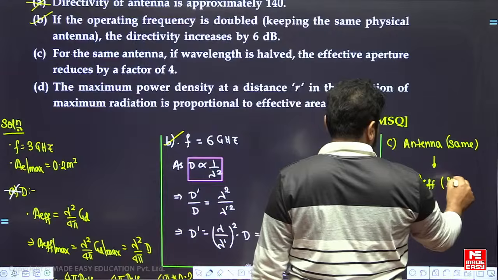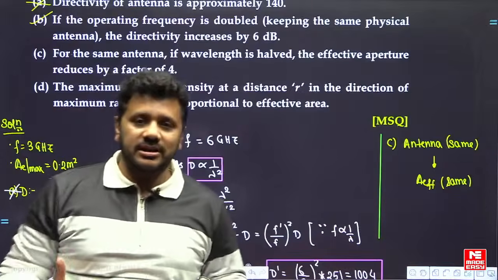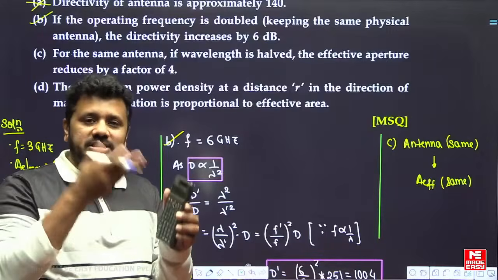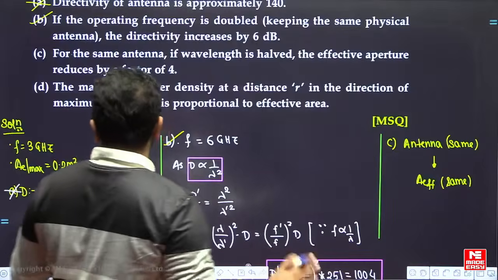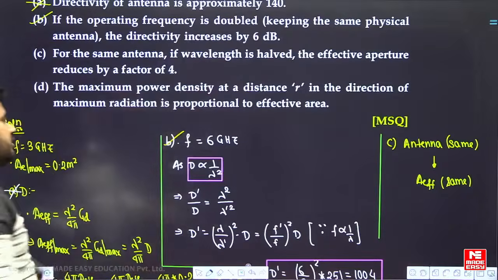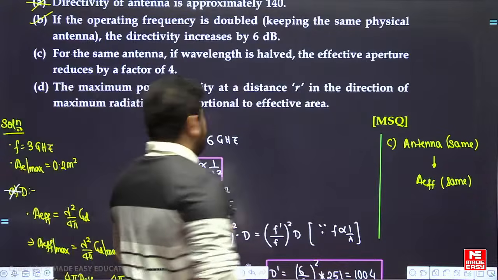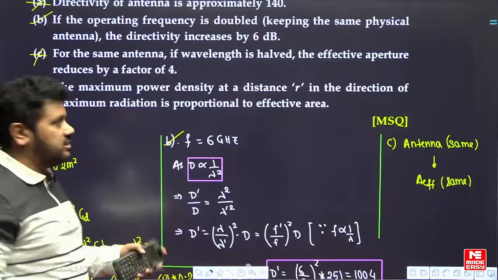How will it change? The antenna is a physical object, so if it is the same, its effective area will also remain the same, it is not going to change. So for the same antenna, if the wavelength is halved or whatever you do, the effective area will not change, right? So it is wrong, because antenna is the same, how will the effective area change.